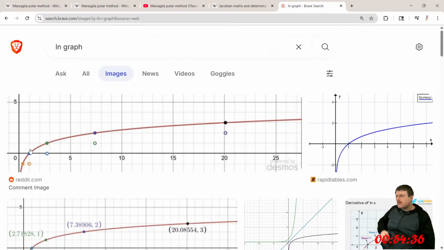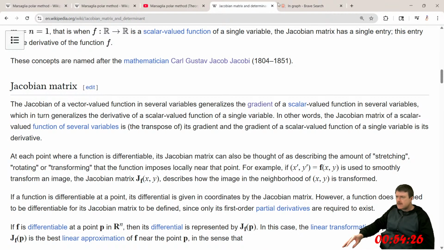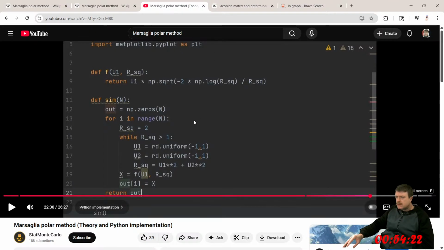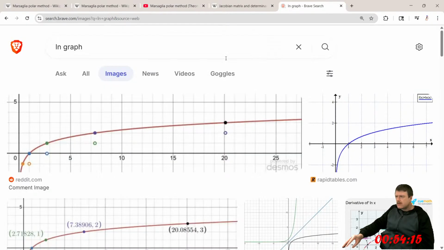E to the 1 is e. At most, you would be getting e out of this particular formula. So -2 is going to get rid of our logarithm negativity.